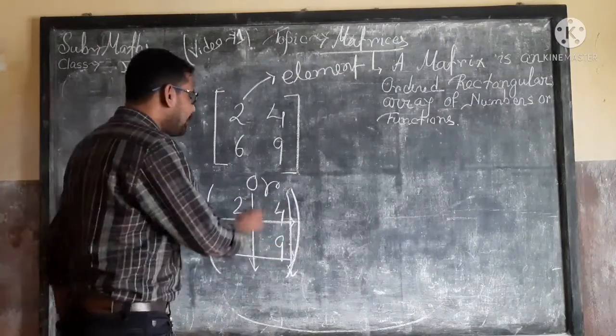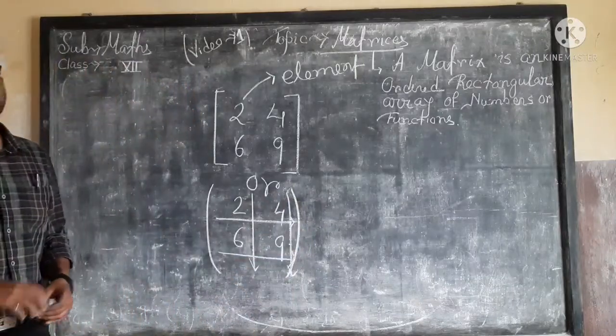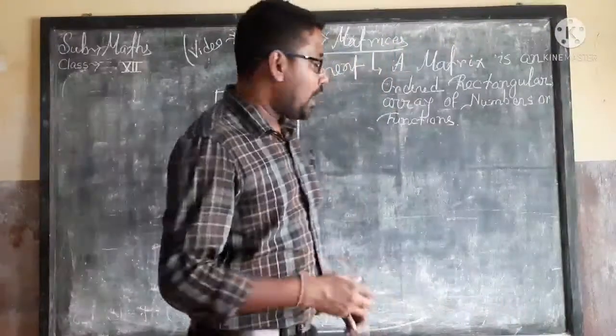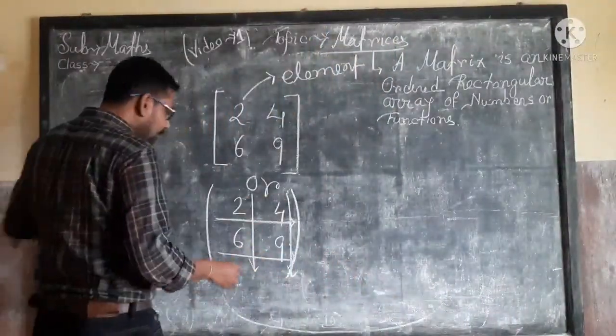So always remember, the matrix is nothing but a combination of rows and columns.